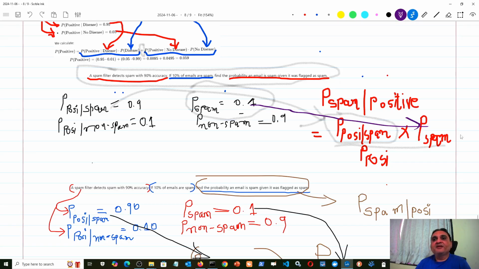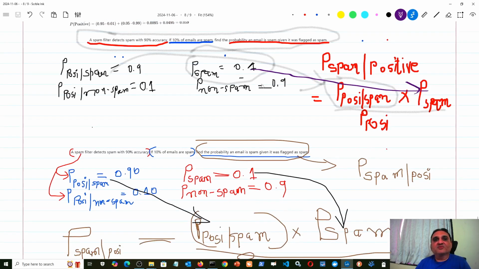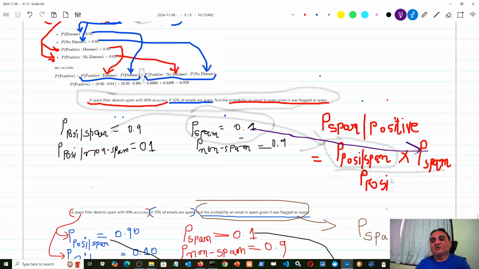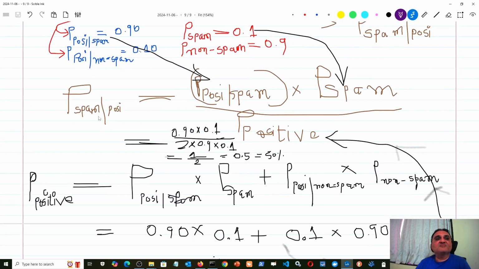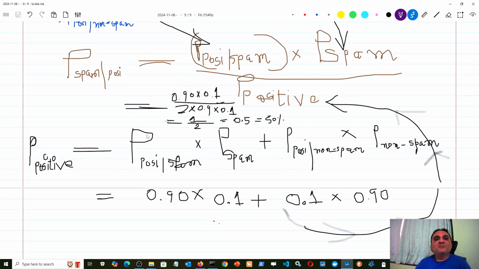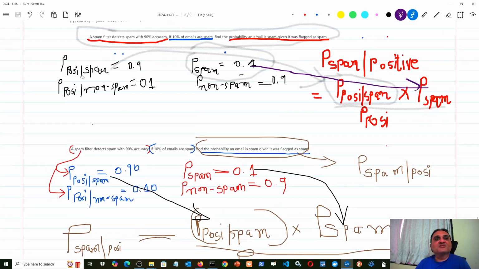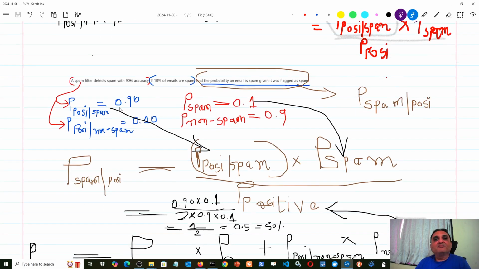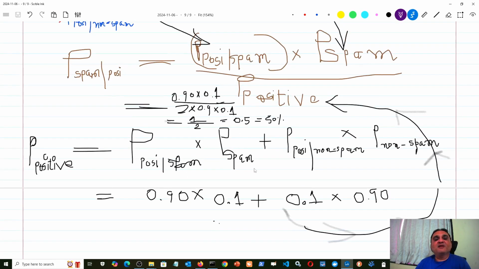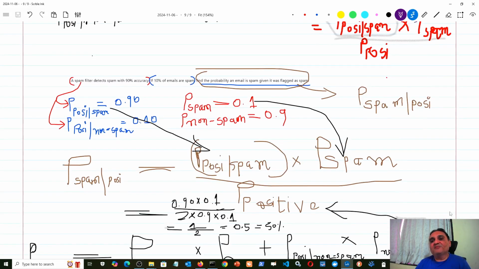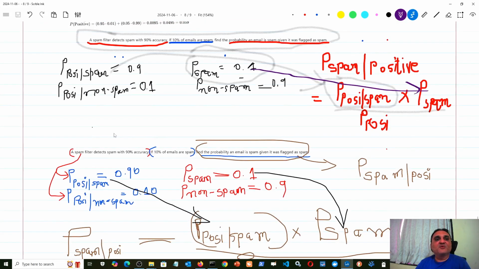So this is 0.9. P(spam), out of total population, 10% of the emails are spam. So this is 0.1. But P(positive) is not known to me. So then P(positive) can be found in this manner, using the other things which are given to me. So that means P(positive | non-spam) multiplied by P(non-spam) plus P(positive | spam) multiplied by P(spam). So all four terms whichever were given to me, they are used here.